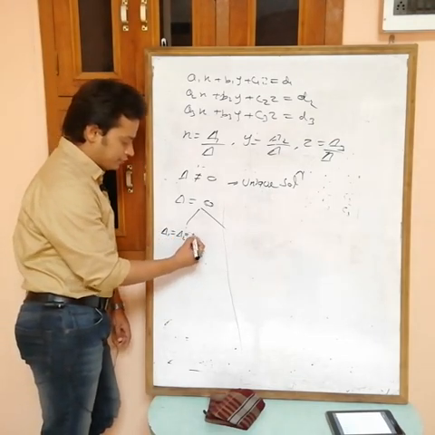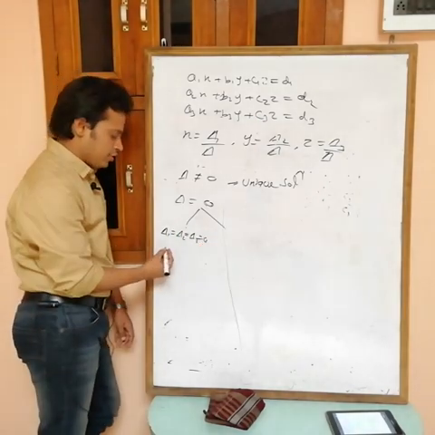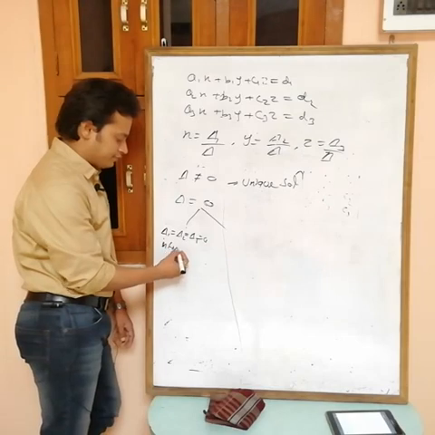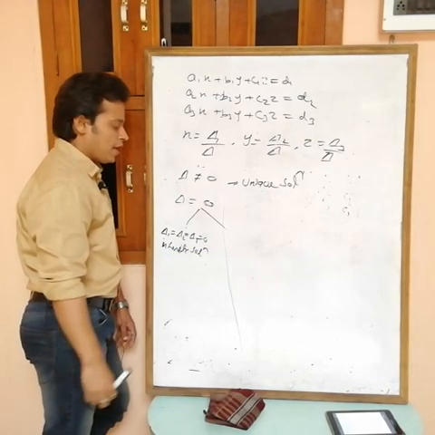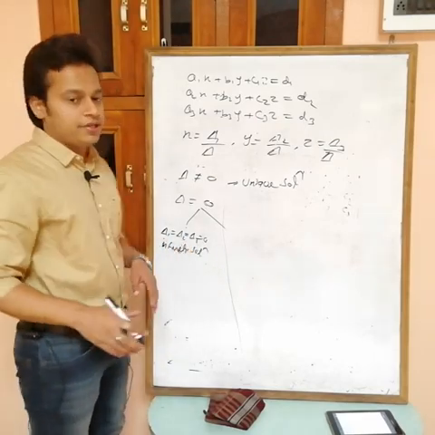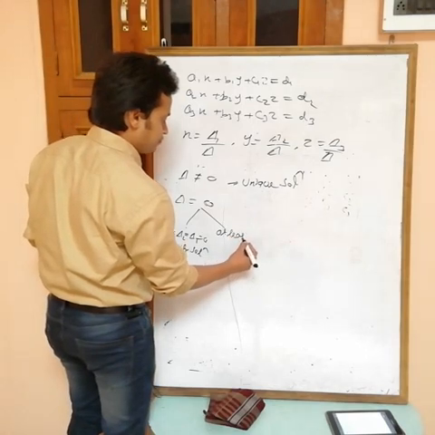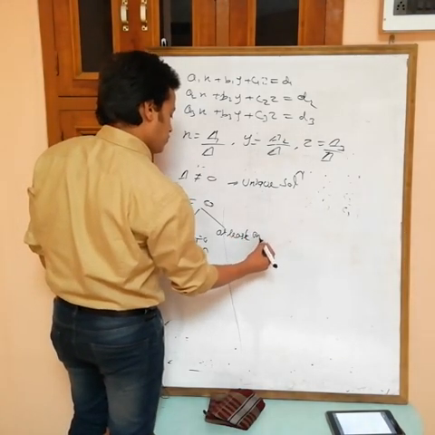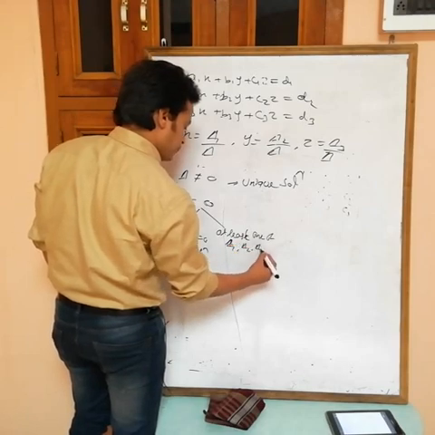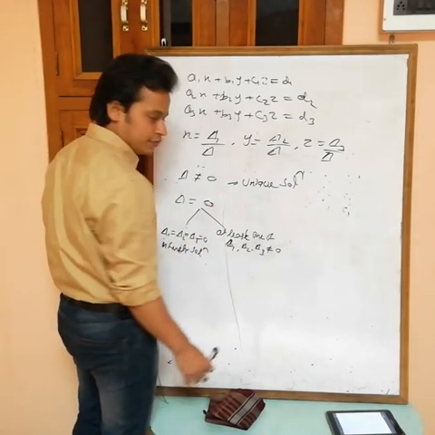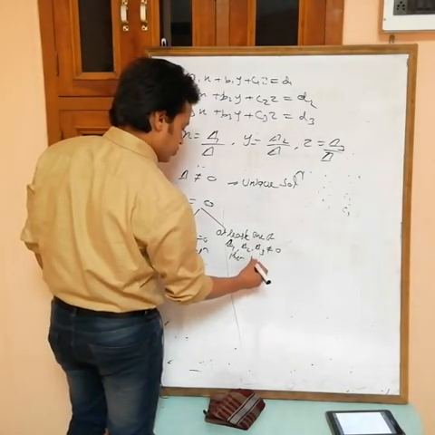If all are 0, that means del is 0 and del 1, del 2, del 3 are also 0, then we have infinite solutions. And if at least one of del 1, del 2, del 3 is not equal to 0, then no solution.